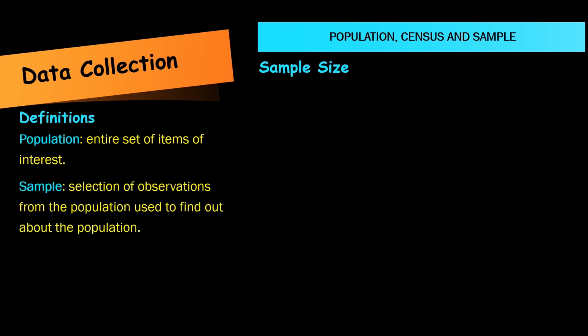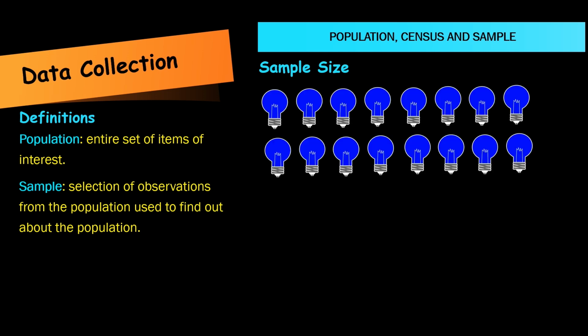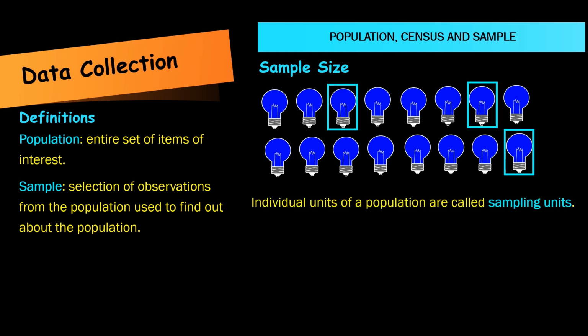Let's now examine sample size. Here we have a sample size of 3. The individual units of a population are called sampling units.